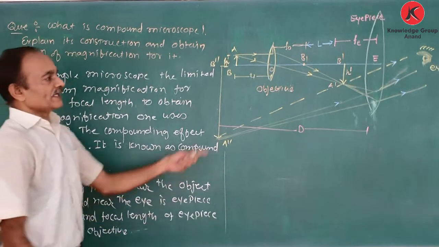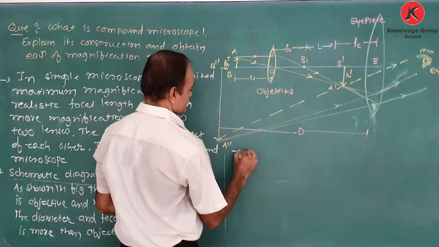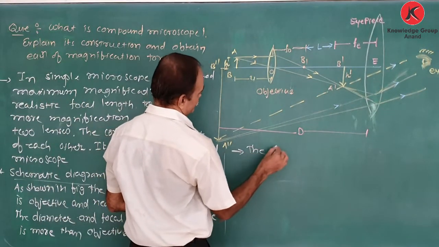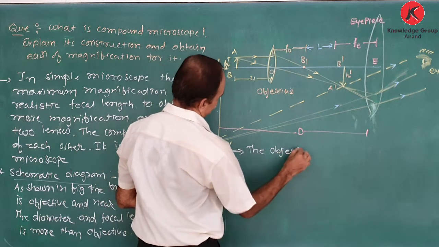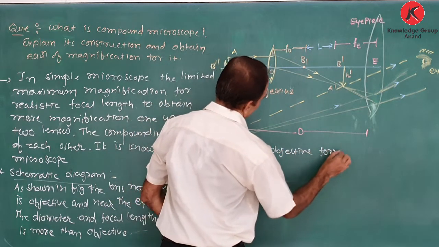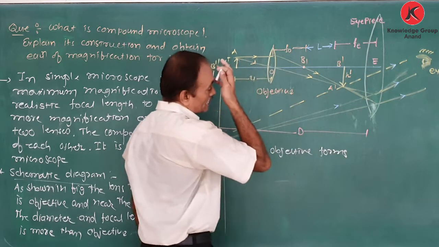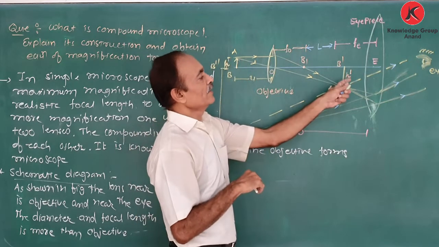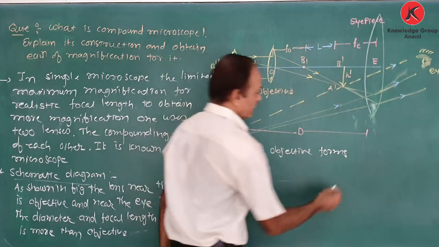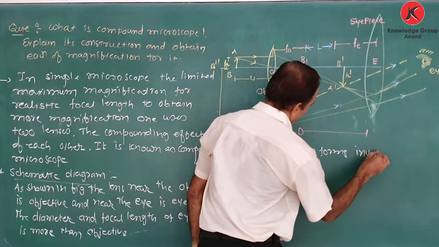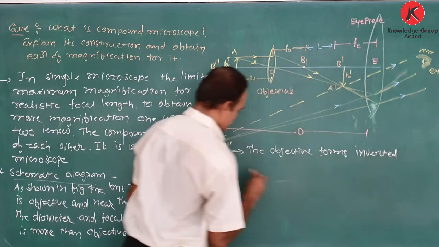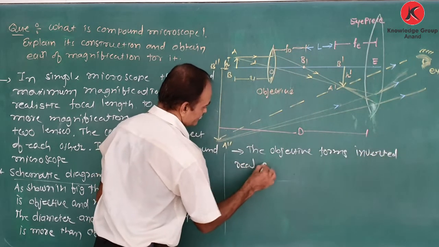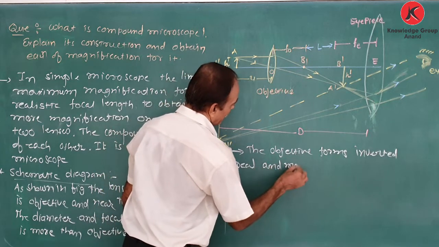Now, the objective forms which type of image? Inverted, real and magnified image.